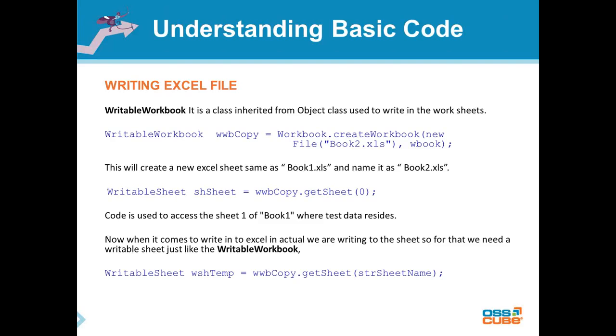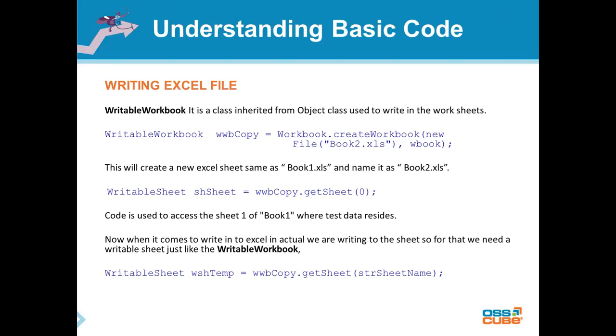So what I'm saying is that after the execution, we will have two files. One is book 1, which is for the test data, and another is book 2, which is basically the reporting. So how you can copy the file? You can use this code where I'm using the method create workbook, and I'm passing book2.xls in it, which is the name of the new file.